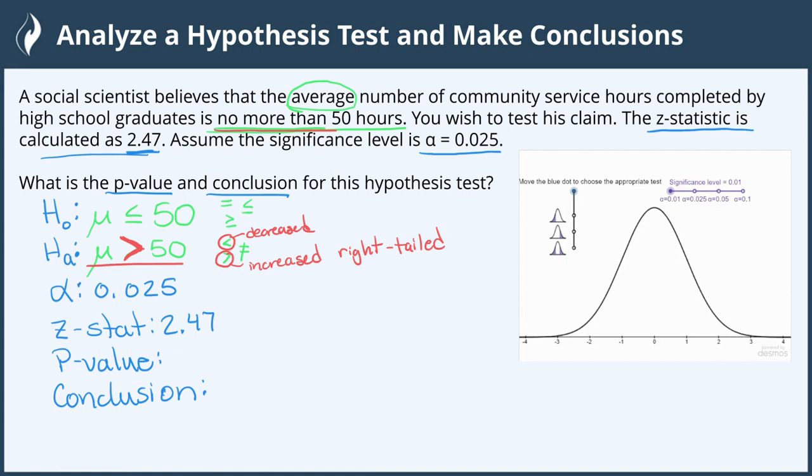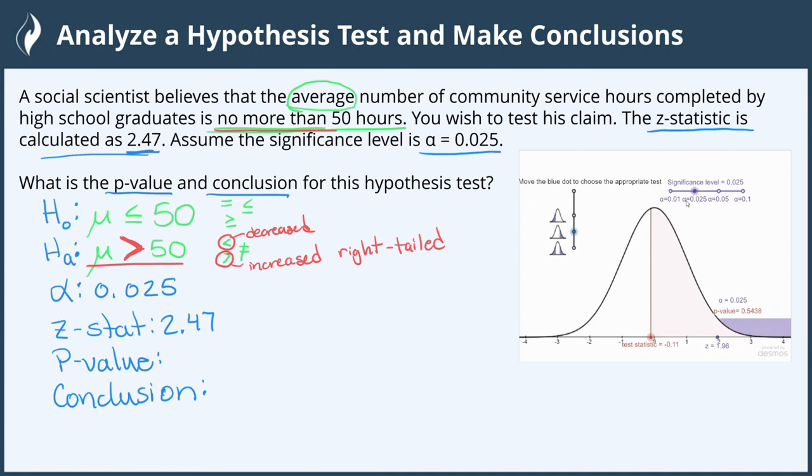We have a wonderful tool here that will help us calculate the p-value without doing a lot of stuff in our calculator. So we're going to take advantage of that using this tool from Desmos. And we need to go find the right-tailed test. So we're going to move our dot down to the right side, making sure that we have everything on the right. Then we're going to go to our significance level, which alpha is 0.025.